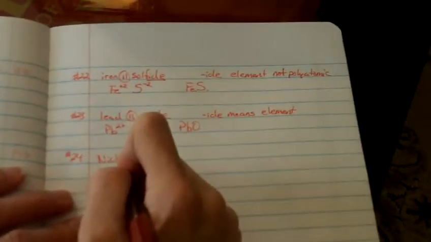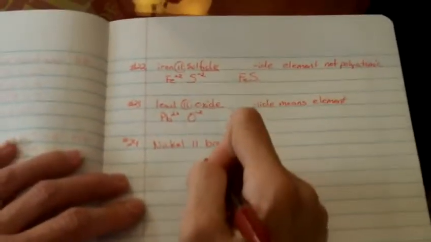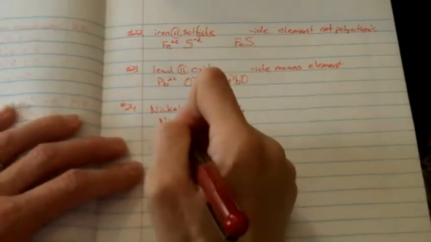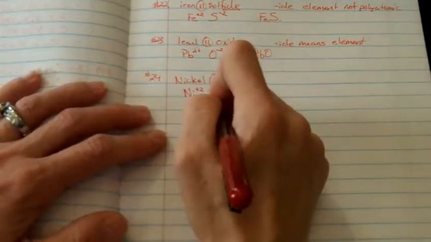Number 24. What's the formula for nickel 2 bromide? Nickel 2 bromide is going to be bromine. Nickel, we know from this, has a +2 charge.